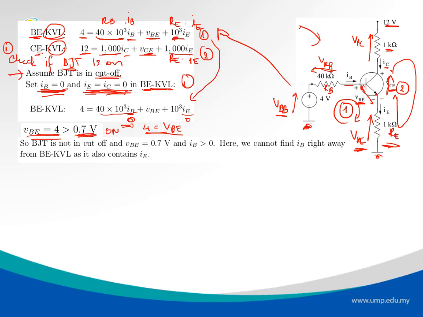Once we verify that, we can use the characteristic that VBE equals 0.7 volts, and we'll have IB larger than 0, which we don't know the value of yet. We have to find it later, so in the next slide we'll see how we find it.